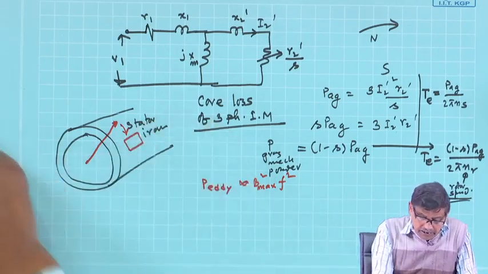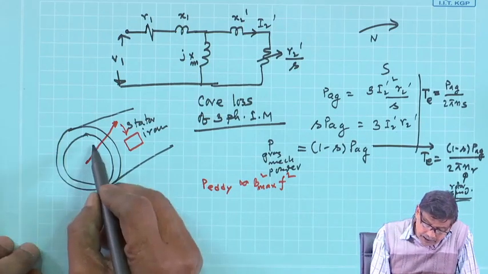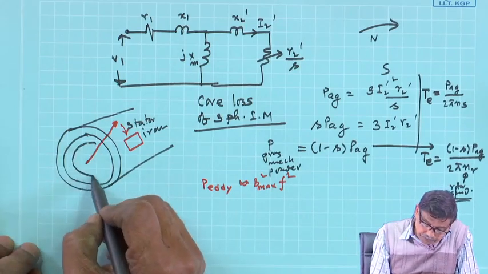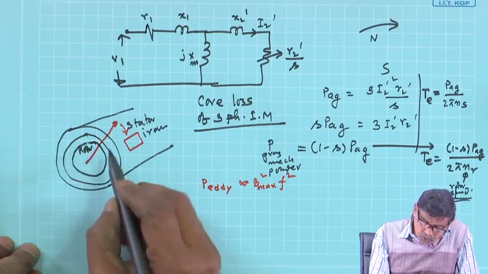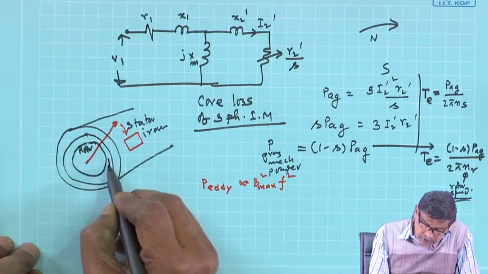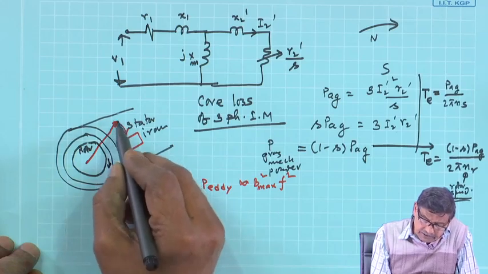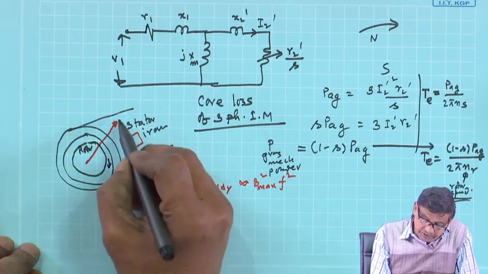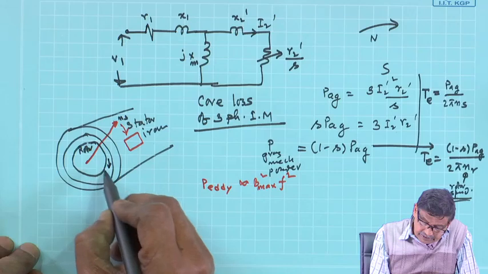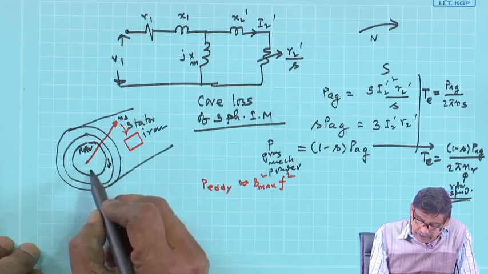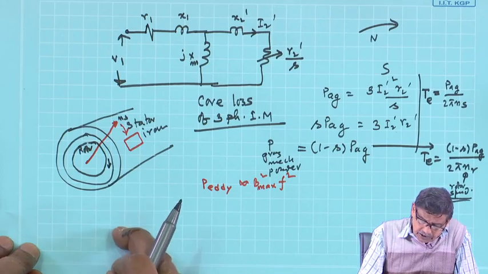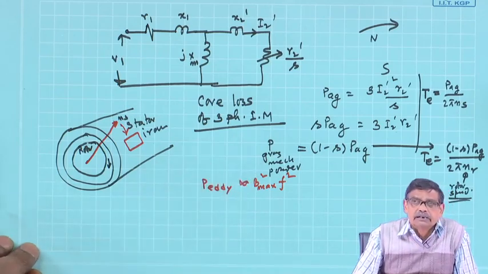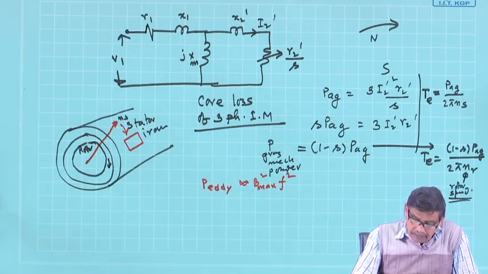Before I go further, let us see what happens to the rotor body. This is the rotor. The rotor will rotate, as we know, in the same direction as the resultant field or stator field, which is moving with ns, and this rotor field will also, with respect to a stationary observer, rotate at the same speed.